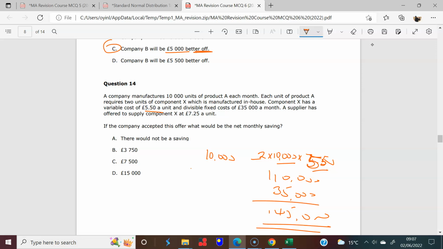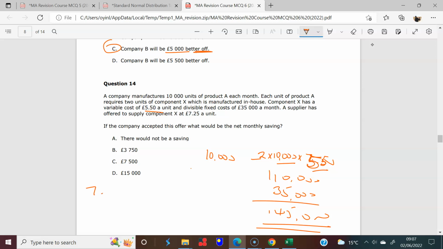Otherwise, the supplier is willing to give us this component X at £7.25.